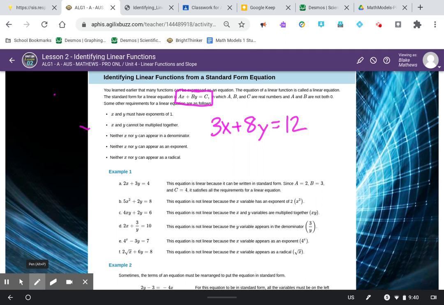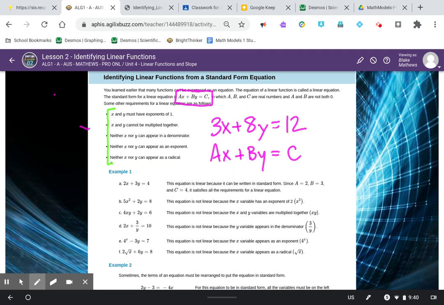This would be a linear function in the form ax plus by equals c. So a would be 3, b would be 8, and c would be 12. Also listed here is a list of basically no-nos. These are things that cannot happen, or requirements for linear equations.